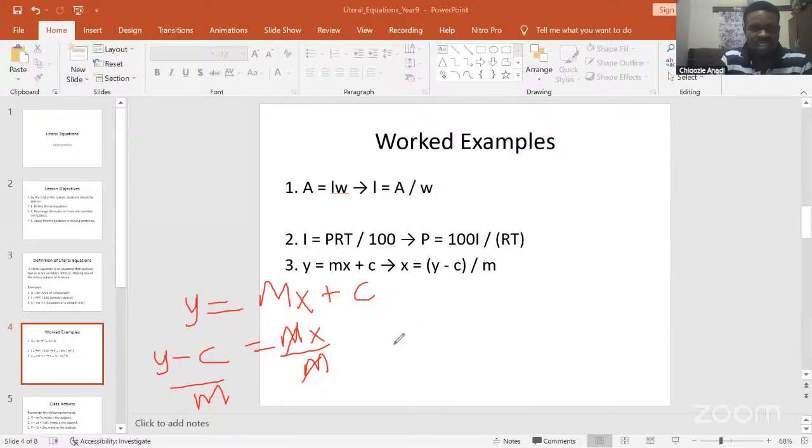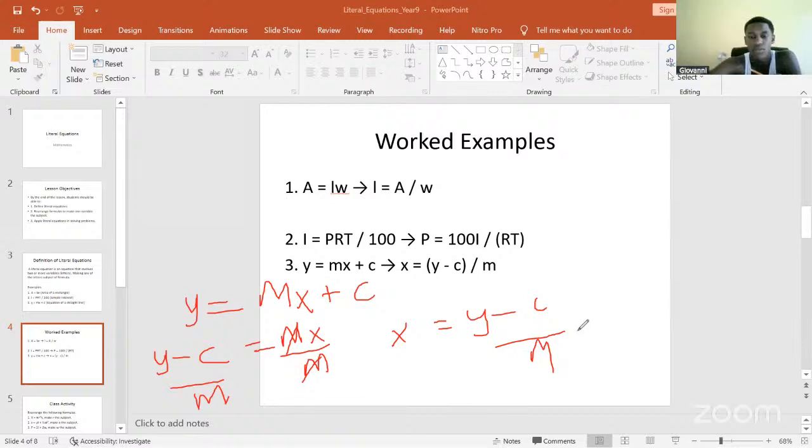So we're left with x equals y minus c all over m. So this is just straightforward work that you can do. These are simple equations, and you won't have much issue with them.